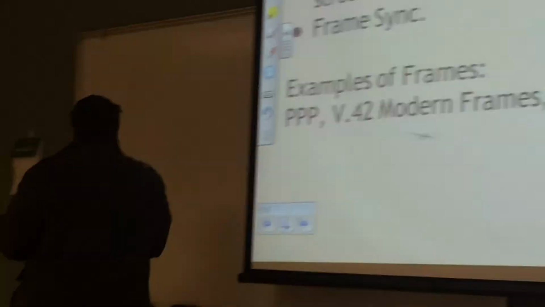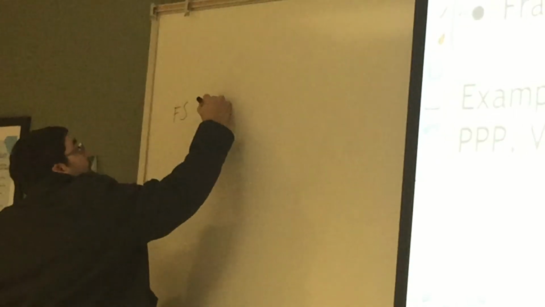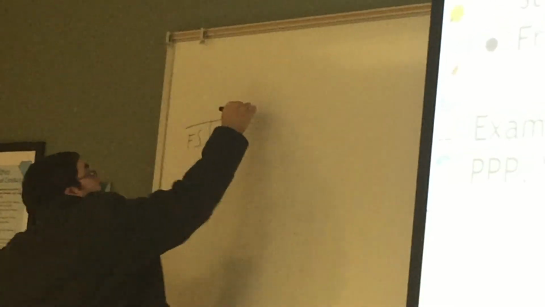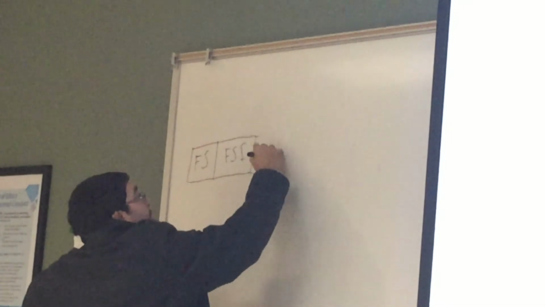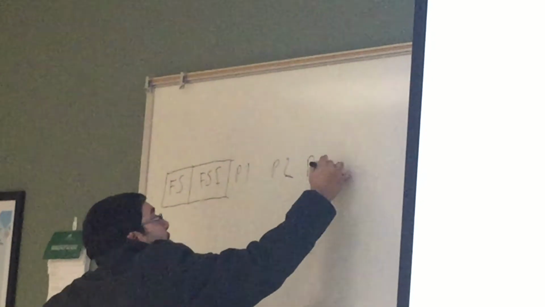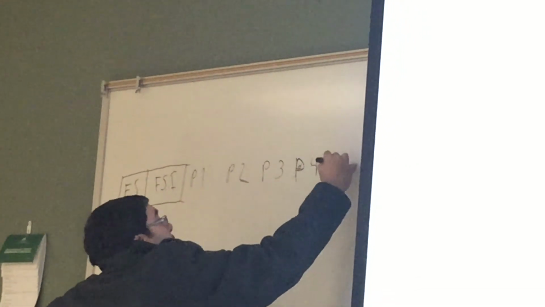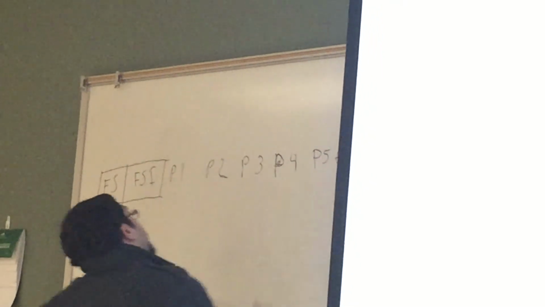All right, so frame synchronization works like this. Think of this as the frame sync, and you have the frame sync ID. These are two individual headers, and then everything else is the 8 bits. So you have packet 1, packet 2, packet 3, packet 4, packet 5, packet 6, and all the way up to 8.